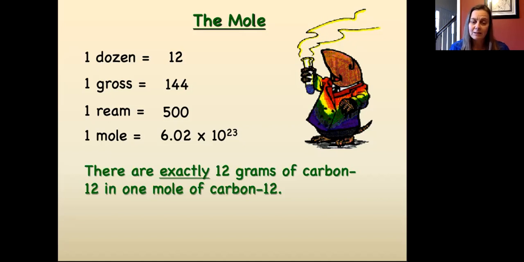So there are exactly 12 grams of carbon-12 in one mole of carbon-12, because there are 6.022 times 10 to the 23rd atoms of carbon-12 in a mole of carbon-12.